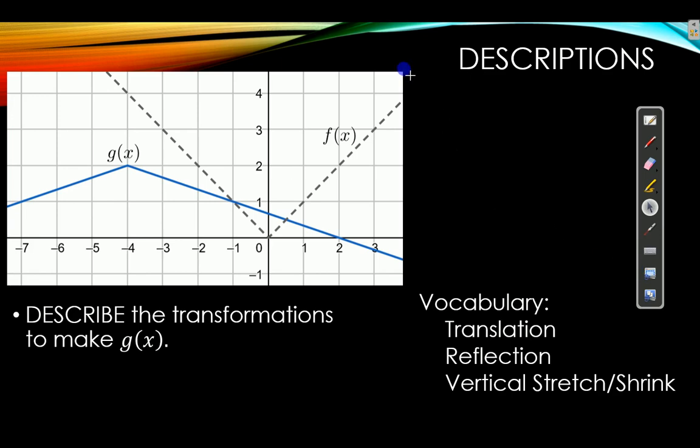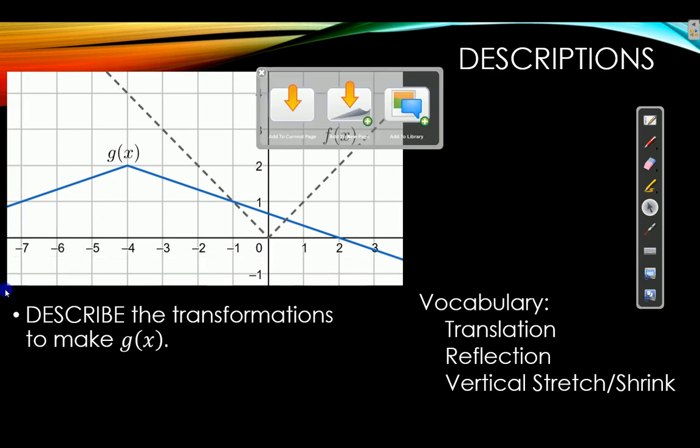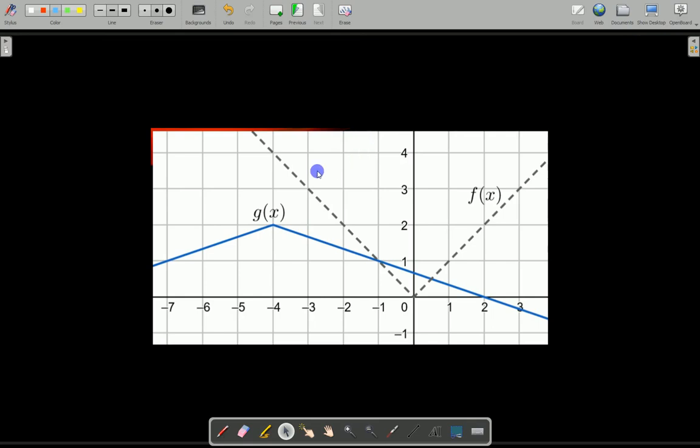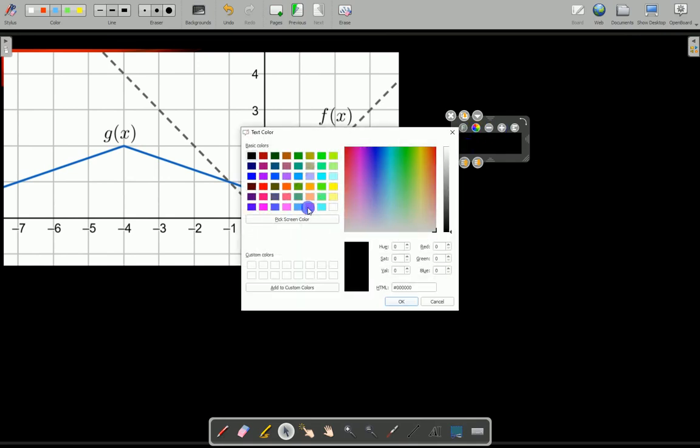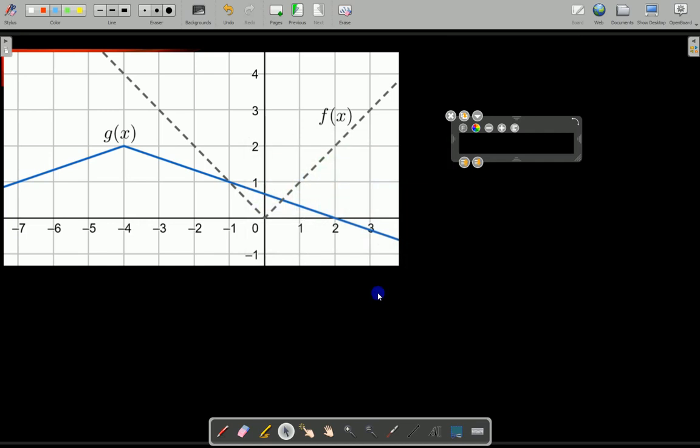So let's do that here. Let me get a good color here. Let's try that. So what has happened first?